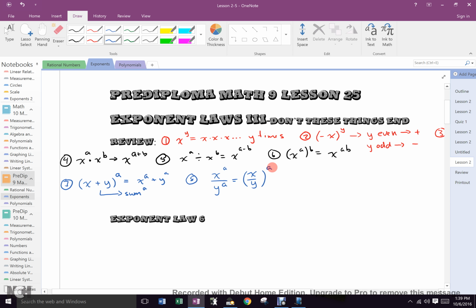Is everybody good with everything we've done with exponents up till now? Everyone agree? Okay. What have you noticed about every single exponent that we have done? Notice I said exponent, not base. What have you noticed about every single exponent we have done since the first day we started talking about exponents?